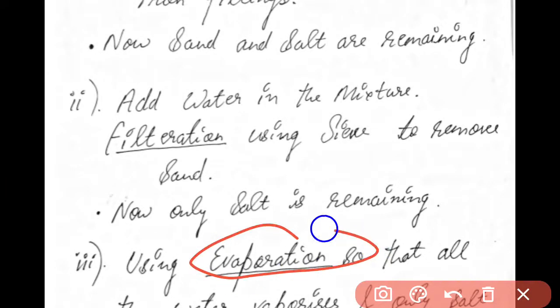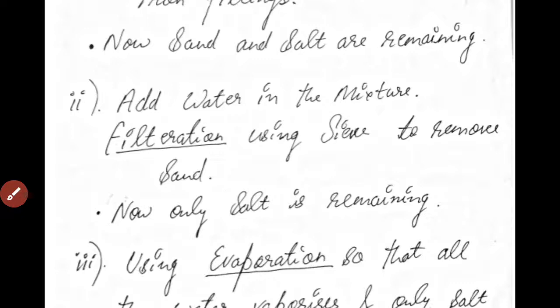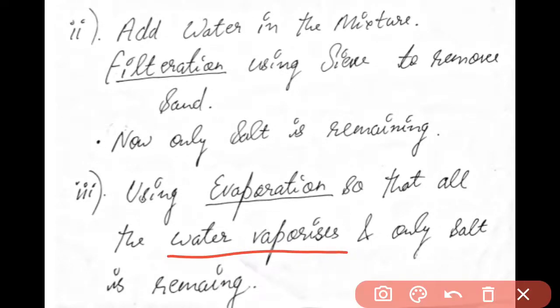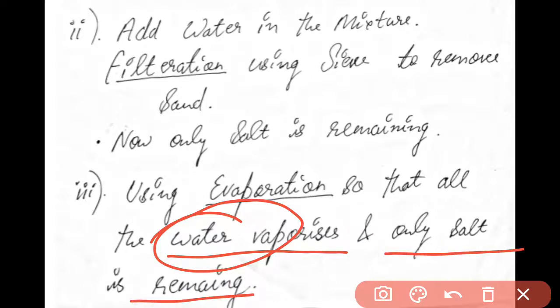So in the third step we are going to use the evaporation method to separate the salt from the water. We will keep heating and boiling it, and after a certain moment all the water gets vaporized and only the salt is remaining at the bottom of the container.